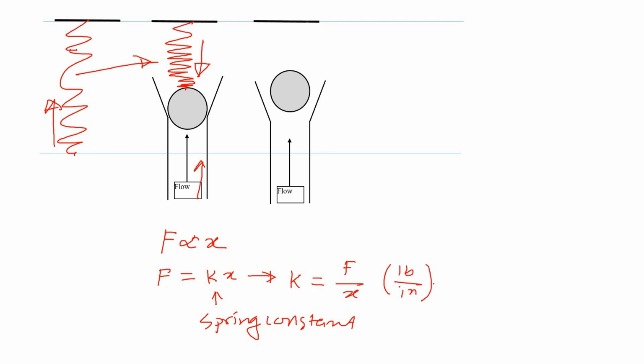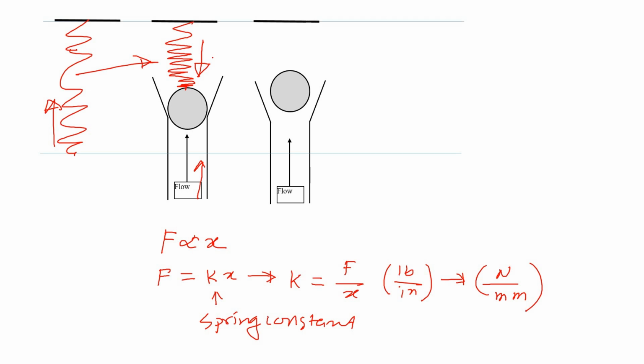Now, foot would be very large compression for a spring. In the international system, the force unit is Newton and the distance is meter, but meter would be huge. It's almost like 3.3 feet is 1 meter. So they use millimeter on the other hand. So Newton per millimeter. So that's the spring constant.